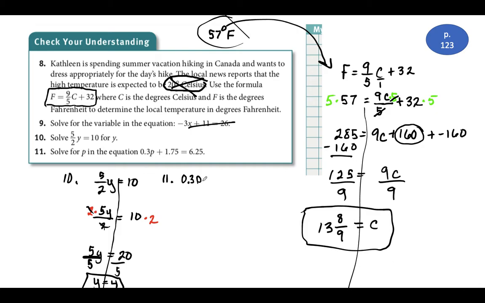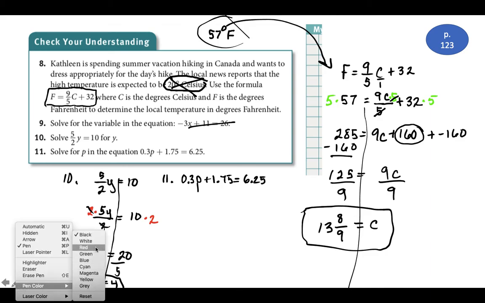0.3p plus 1.75 is equal to 6.25. Again, decimals, if you don't have a calculator, decimals are a little bit of a pain, especially if you're dividing or multiplying by them. So we can clear all these decimals out. But 10 isn't going to do it for us.